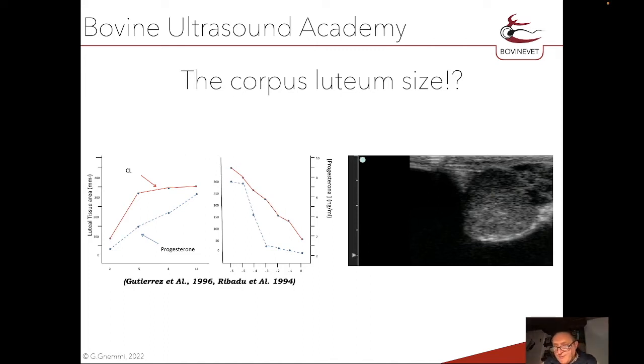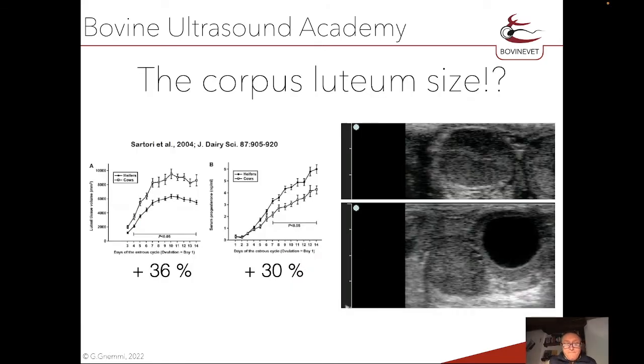The functional atresia of the corpus luteum is completed by day 18 of the cycle, but the size of the corpus luteum is still between 18 and 22 millimeters. In fact, anatomical atresia begins 72 hours later than functional atresia.